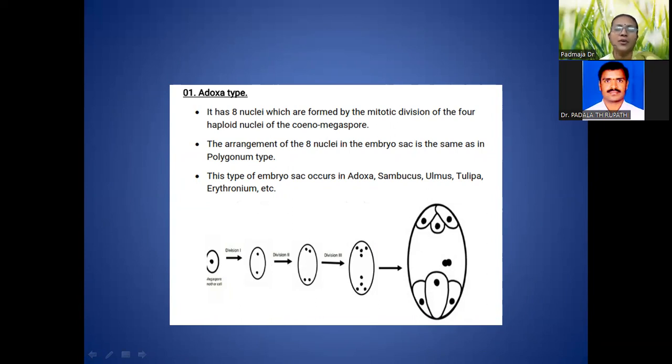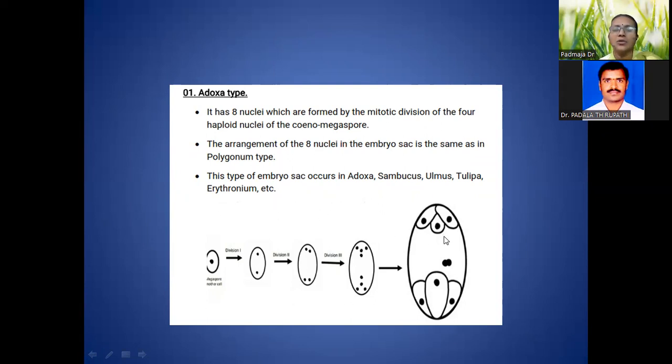Here the 4 nuclei participate without wall formation, so that condition is called the cenomegaspore. The arrangement of 8 nuclei in the embryo sac is the same as that of the Polygonum type. This type of embryo sac occurs in Adoxa, Sambucus, Tulipa, Erythronium, etc.